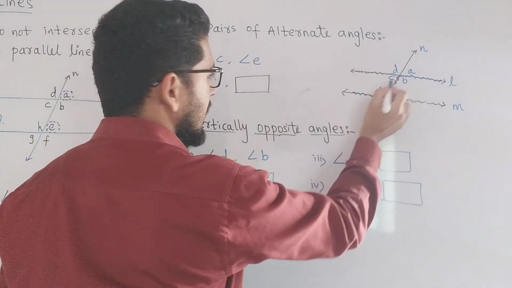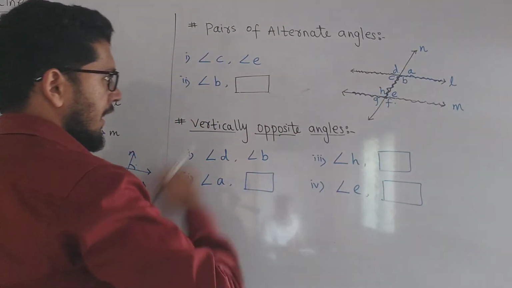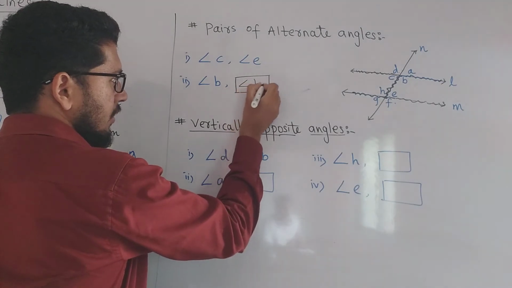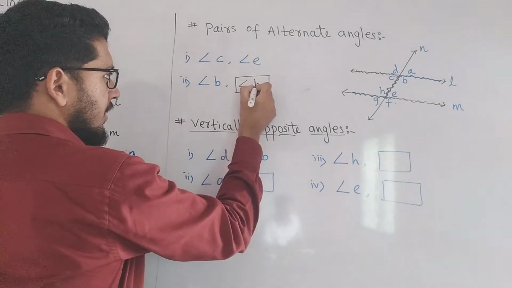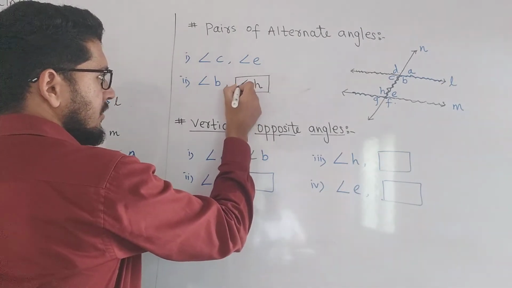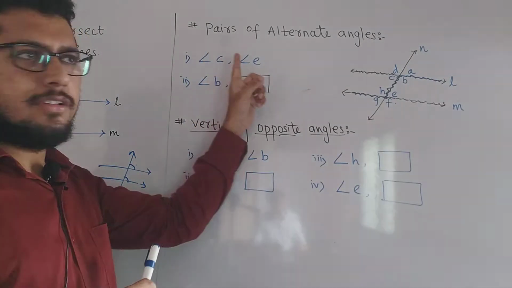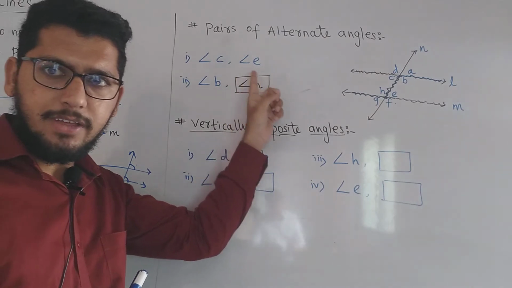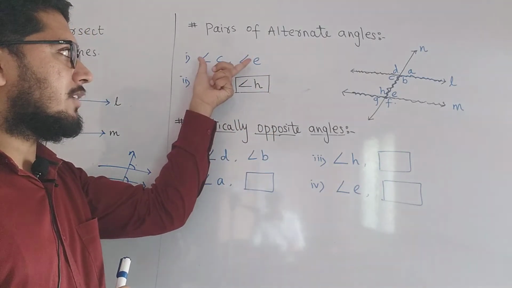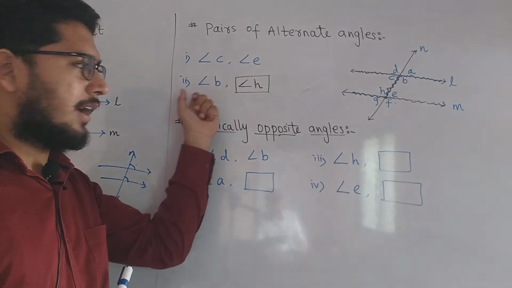So what will be the alternate of angle B? Angle H. Yes or no? So the alternate angle of B is H. Angle B is alternate with angle H and angle C is alternate with angle E, as already given. So using this identity, using this angle, we can write the other angles.